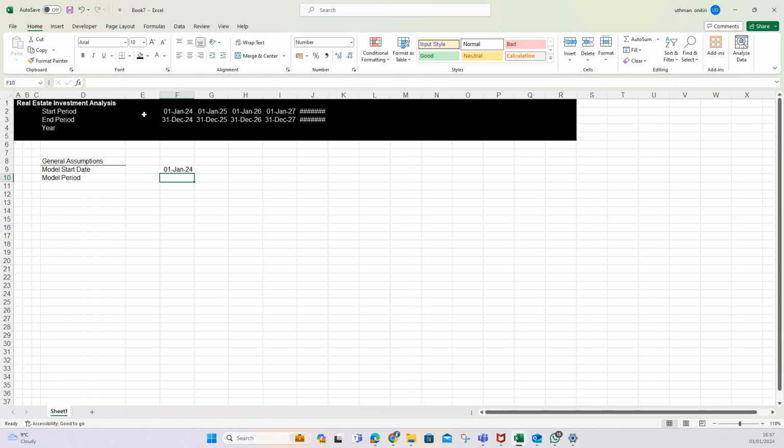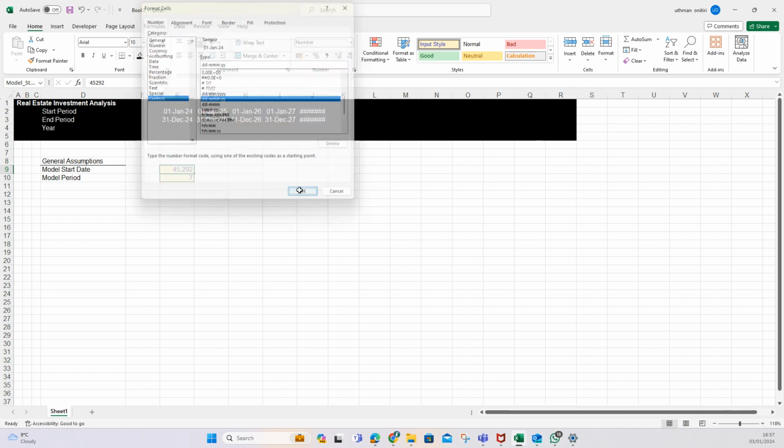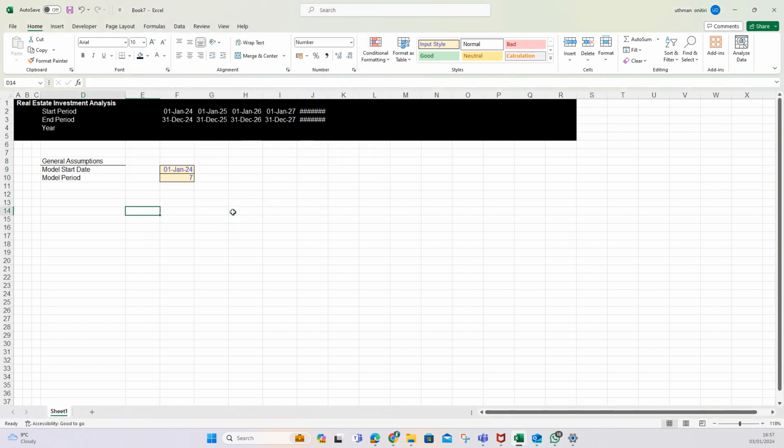And let's make this 7. It's an input style, just so you guys figure that out. Auto, yeah, this changes the number of things. There we go.